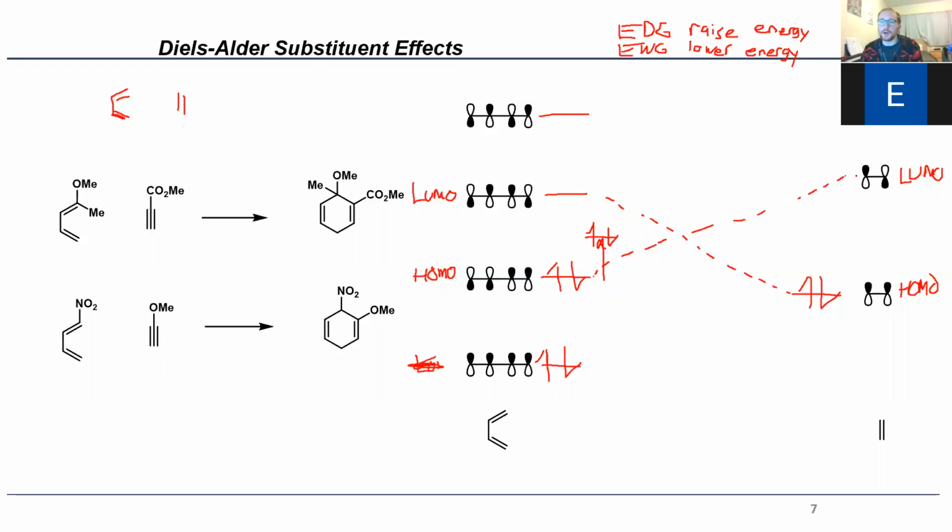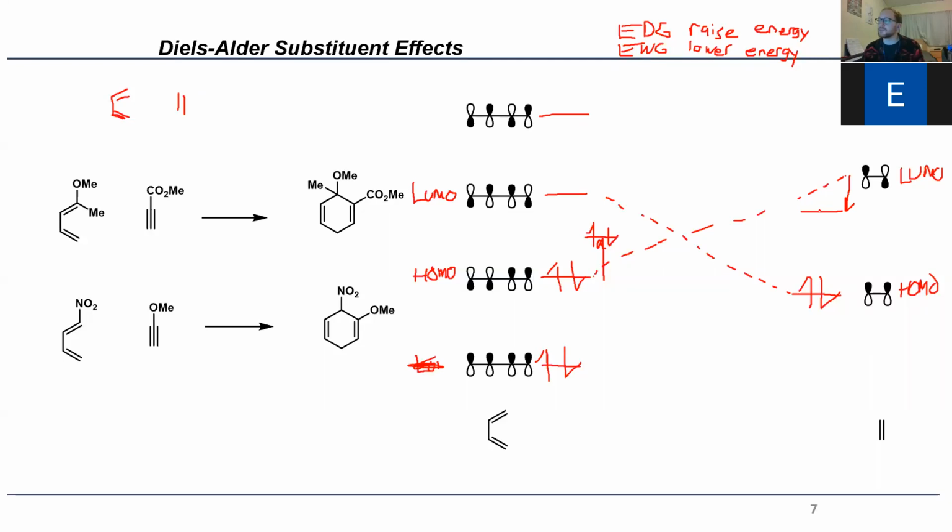Now, another way you can think about doing this is also, for example, if we're looking at this HOMO-LUMO overlap, is to lower the energy of the LUMO of the dienophile. So if we lower the energy of the LUMO by appending electron withdrawing groups, we now see that these are better electronically matched, and the HOMO-LUMO gap is much smaller, and so that should have better reactivity.